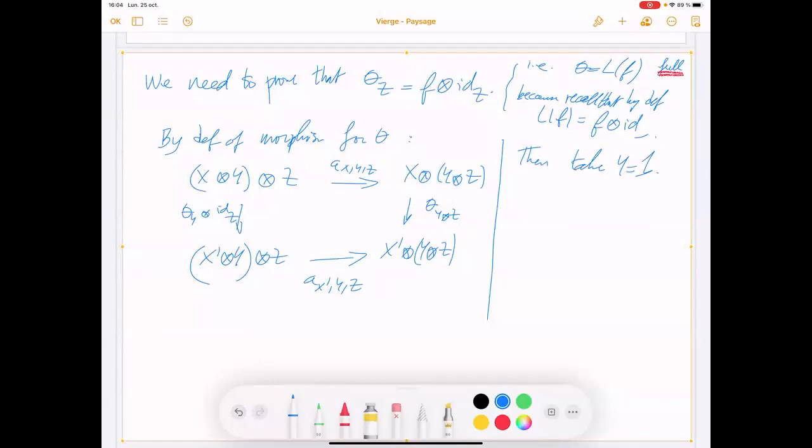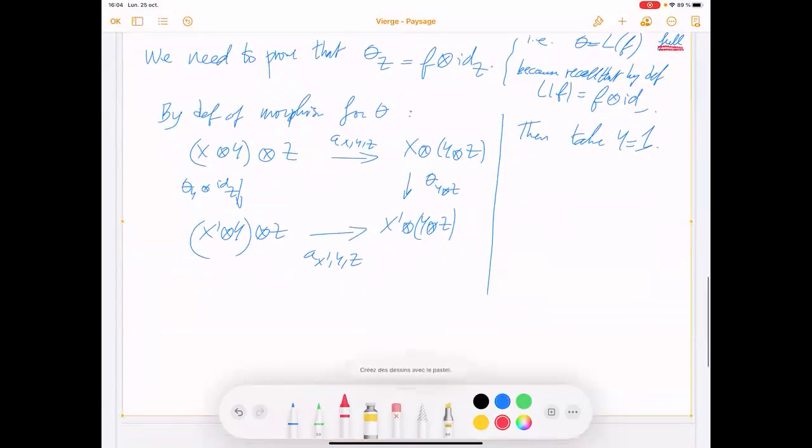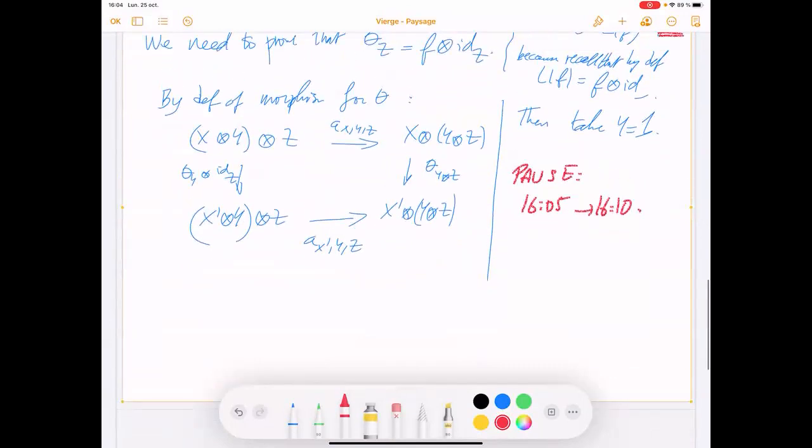You replace y by 1 everywhere and you will get something we want. So we will make the pause now. After the pause, we will take y equal 1.